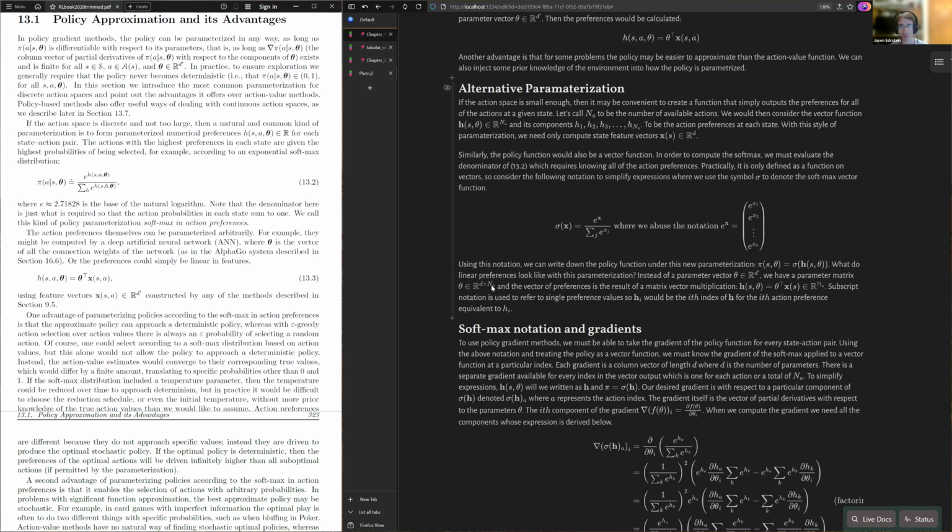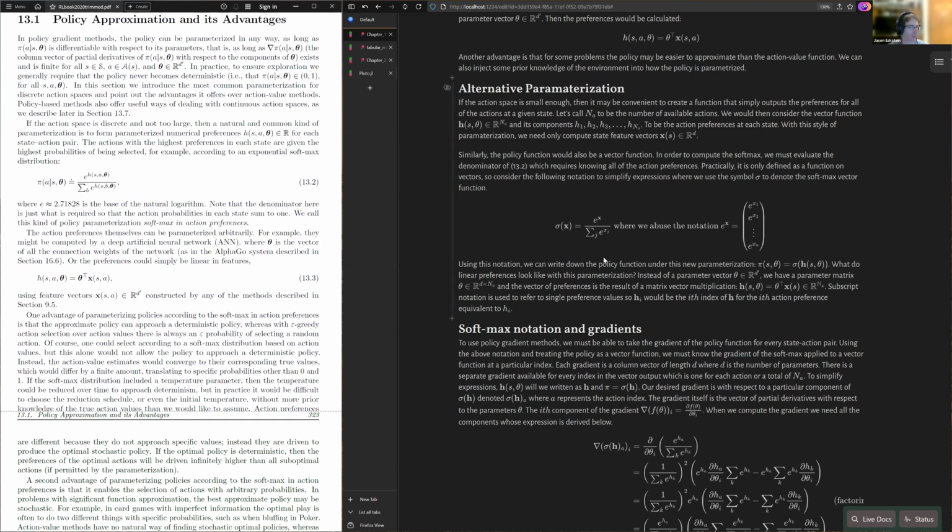Effectively, instead of having a mapping for all the state-action pairs, for this linear function we have a separate set of parameters for each action for a given state, separated into the columns of this matrix. Then computing the preference vector is just a matrix-vector multiplication, which produces a vector of size NA, the number of actions.